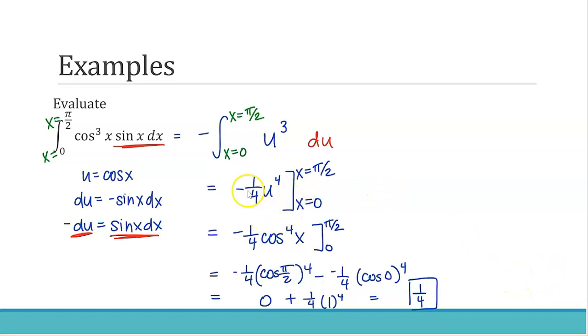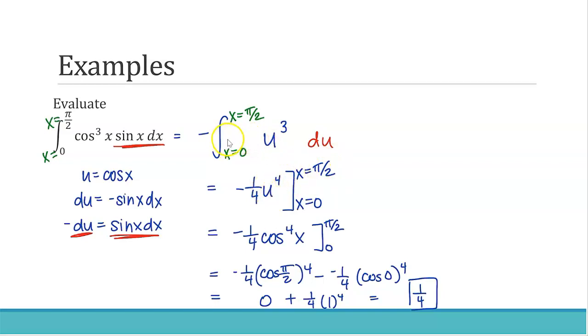I personally use and recommend using the method of changing everything to u's and then just not going back to x's at all. Because I see more students make mistakes when they try to leave the limits of integration as x, because they forget that they left them as x's and then they just plug those x's into the variable u, which would give you a completely different and incorrect answer.